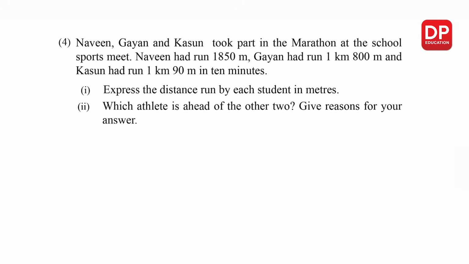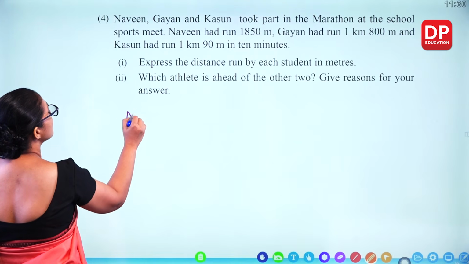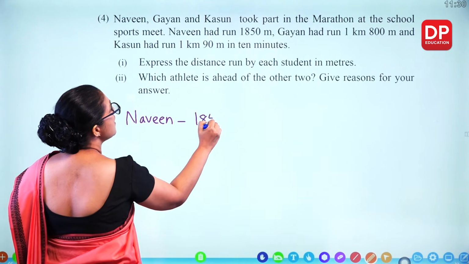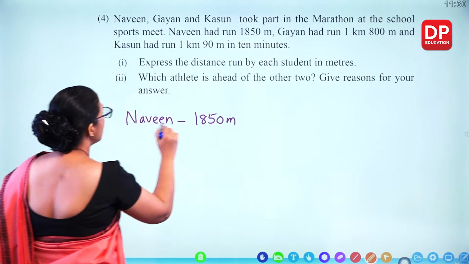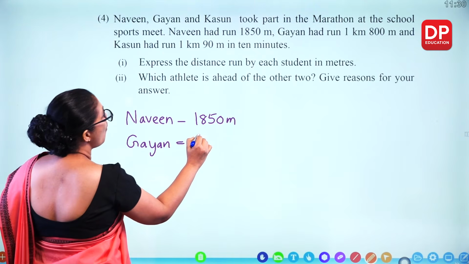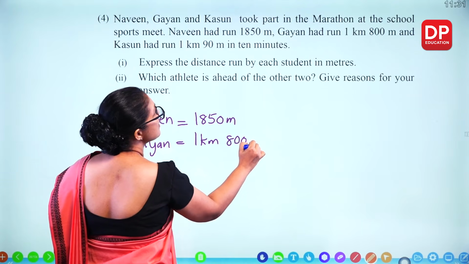Question number 4. Naveen, Gayan and Kasun took part in the marathon at the school sports meet. Naveen had run 1,850 meters. Gayan had run 1 kilometer and 800 meters.